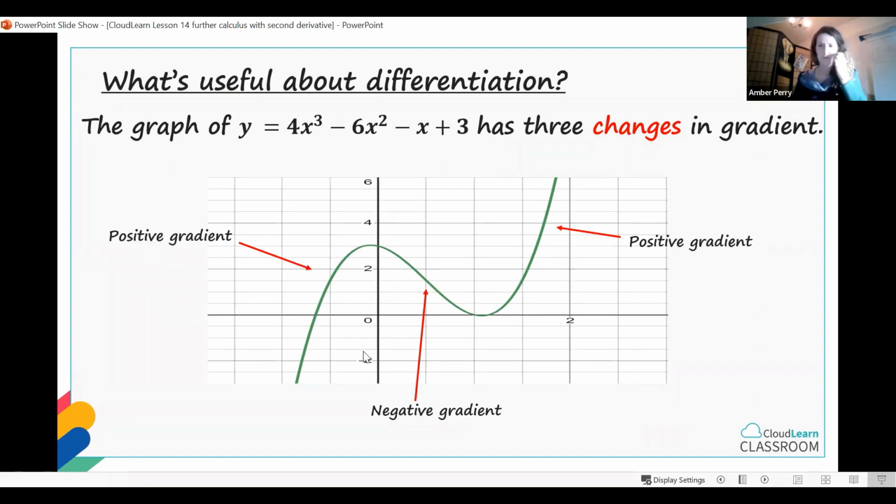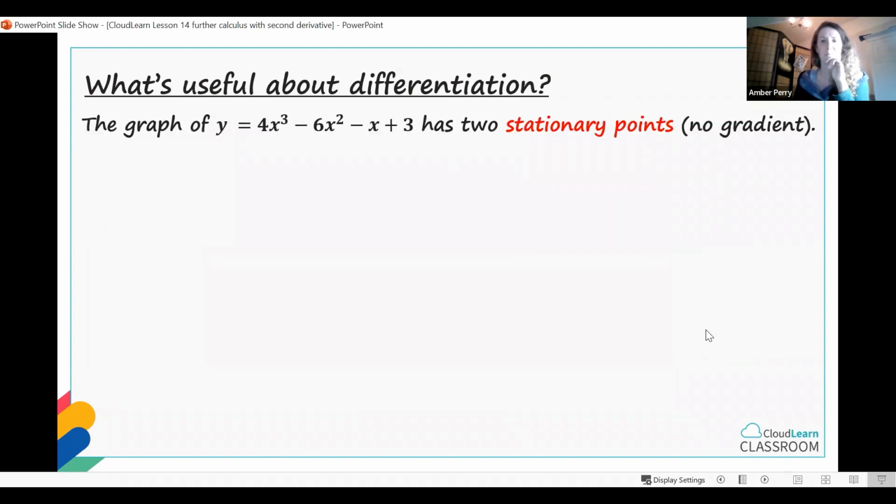That's why generally when you look at algebraic graphs, we don't really worry about this bit. That's just going to keep going down and getting smaller and smaller forever. And this bit's just going to keep getting bigger and bigger forever. It's this bit where it changes that we actually find useful things. So those are the important parts.